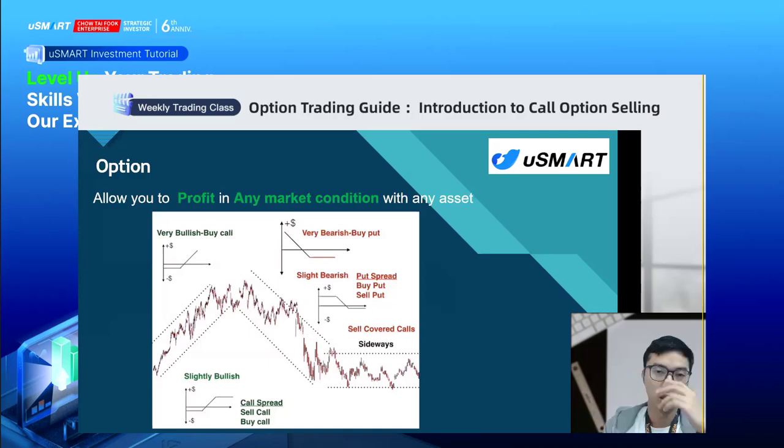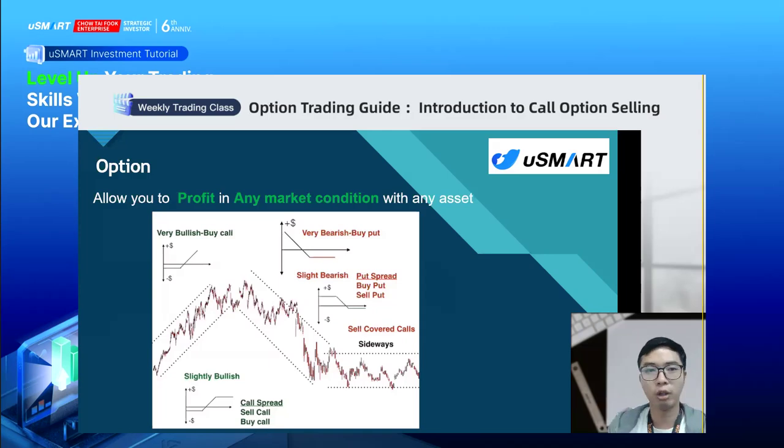Sometimes a stock will stagnate in a range for a certain period, like weeks to months, right? So how can we maximize this trading opportunity and maximize the profit when the market is sideways?